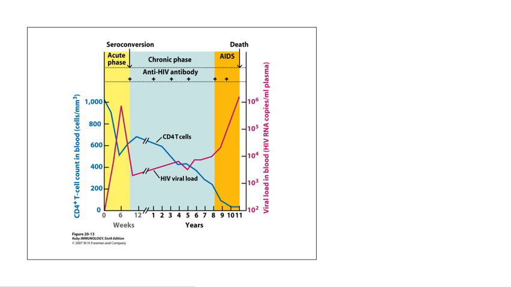The viral set point refers to the level of virus in the blood at the time of rebound, when the immune response began to control virus levels.